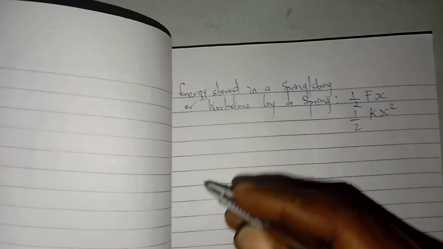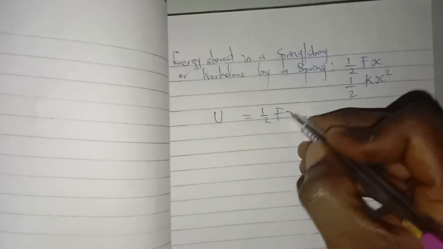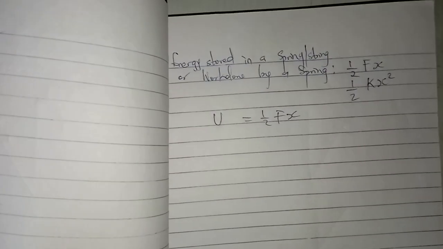So if I know this, we say that it is simply, from what I showed you, half Fx, or you say half kx squared. Don't ask me how I did it. Go back and watch it, you watch, and you get it. So now notice that this thing is U for work, and I now have half Fx. And when you stretch it like that, what it has is the potential to do work.